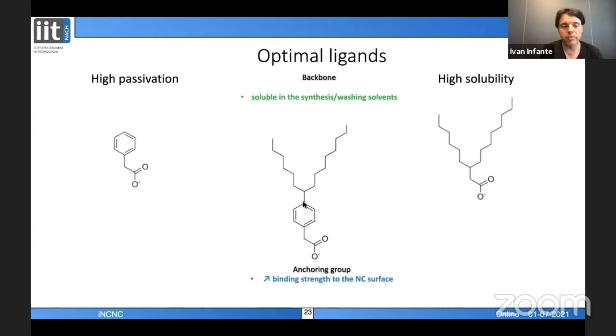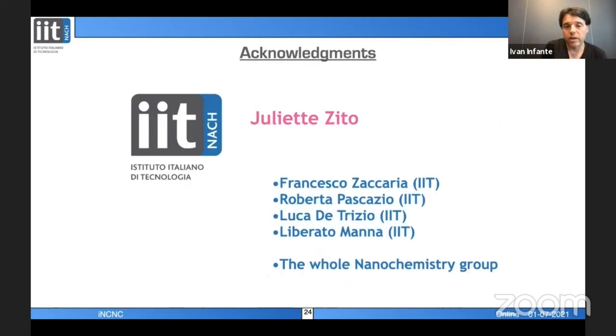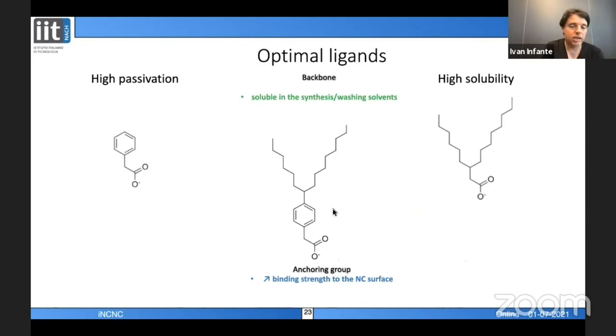So this in principle should also help to shift the binding equilibrium towards the nanocrystalline solution. And in this way, you can also avoid the steric hindrance because the part that is near the surface is not very bulky. In this way, you can design ligands to fit the nanocrystal surface better.